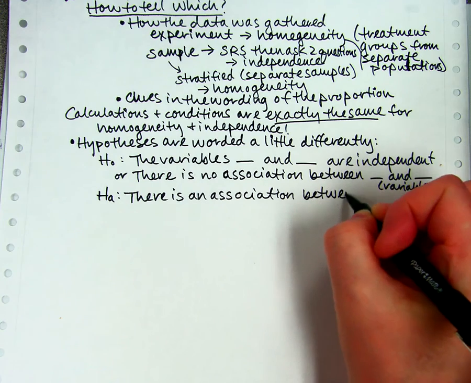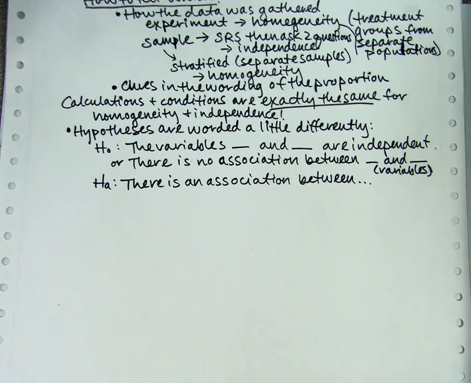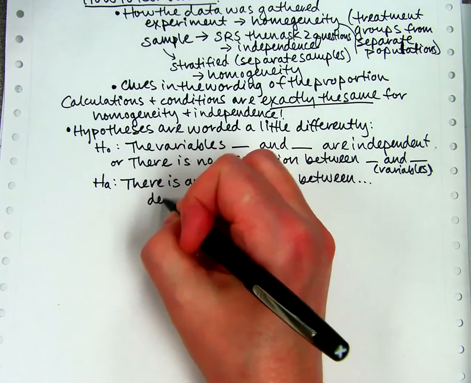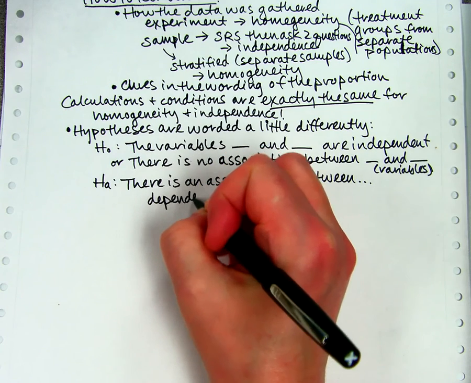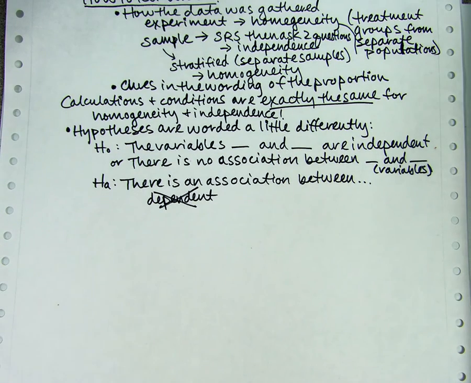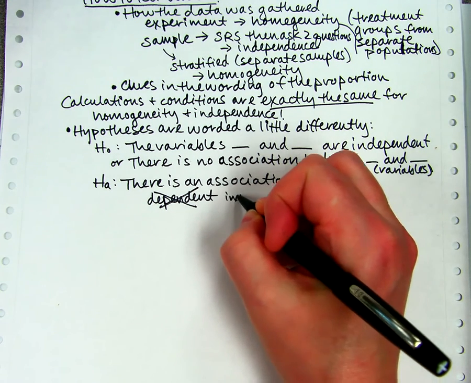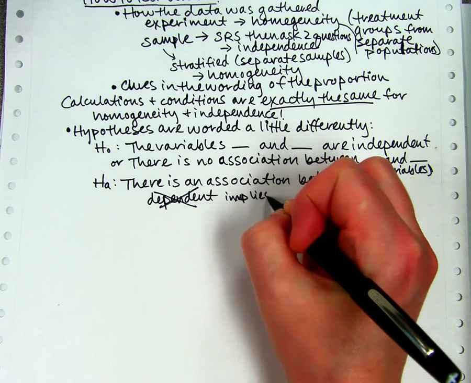Between my two variables. Do not use the word dependent. So I'm going to write it and then I'm going to cross it off. Don't use that word. The reason is we don't use dependent as the opposite of independent. We've been talking about this since the beginning because it implies cause and effect, and we don't know if it's cause and effect unless we did an experiment.